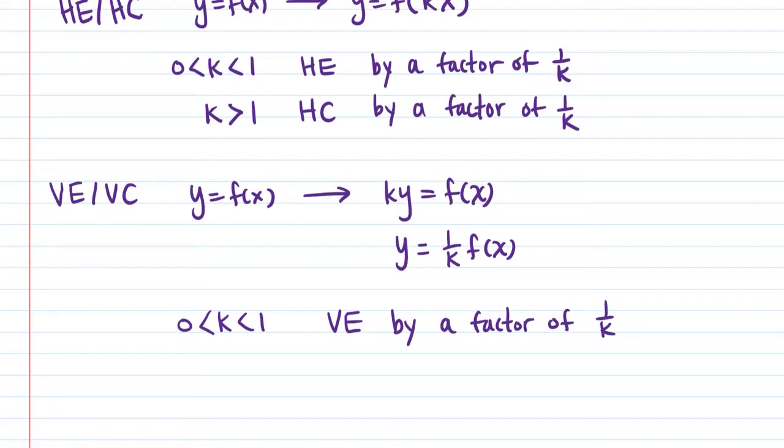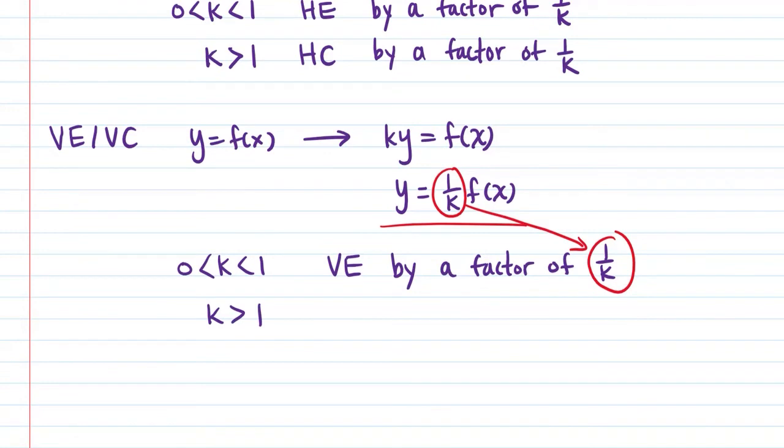So when you have this form of function for vertical expansion compression, the factor is exactly the same number that you multiply to the whole function. When k is greater than 1, then it's vertical compression by a factor of 1 over k.